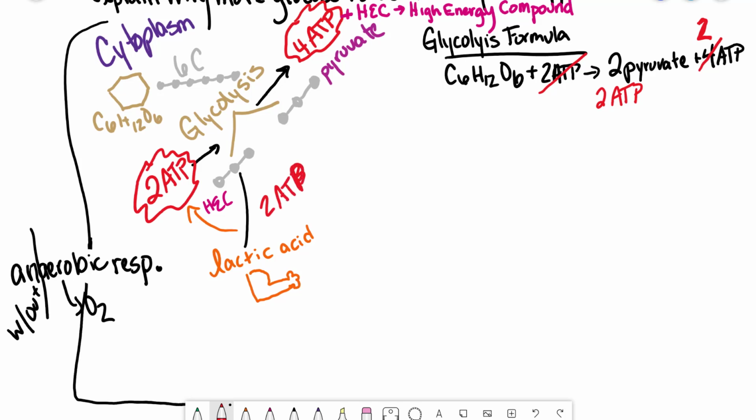Okay, so overall between glycolysis and lactic acid, we're making 4 ATP, and we are getting those energy compounds that we need to break up that 6-carbon sugar into pyruvate and to continue this circle of creating lactic acid.